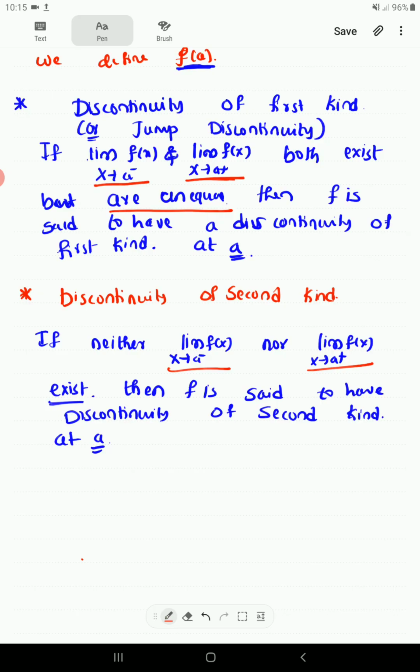Now let us try to understand whether we have continuity or discontinuity with the help of an example. Let me take one example.